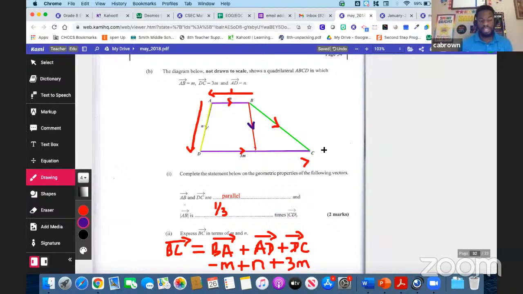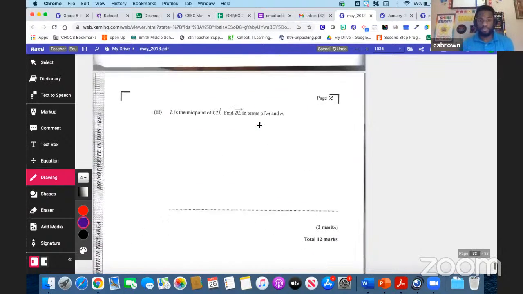All right, what's going to take us to BL? Pretty much we can say BL is equal to BC plus CL. This is L, so we can go this direction. Remember, the arrows must be going in the same direction. So B to C and C to L. Those two will give us what BL is equal to.